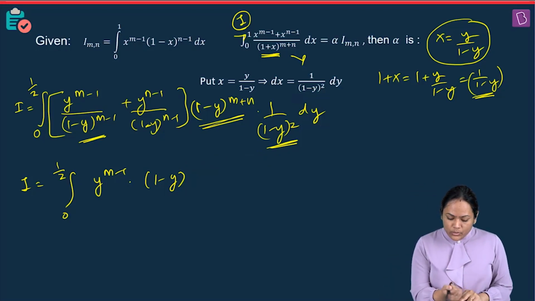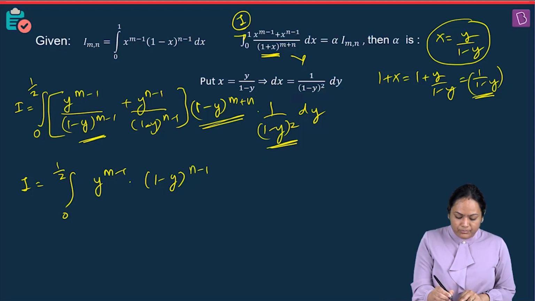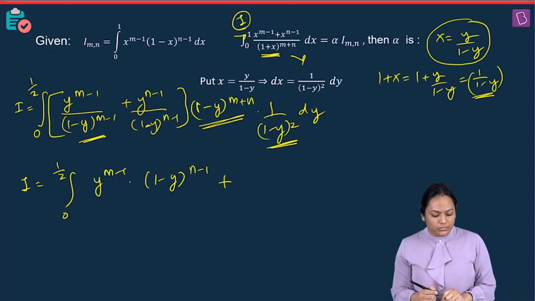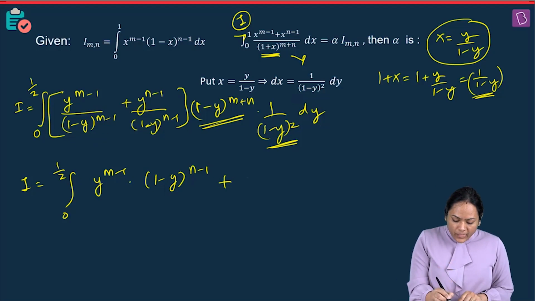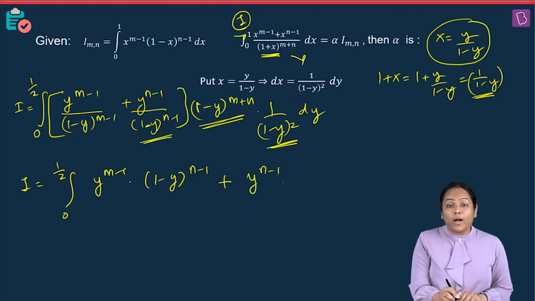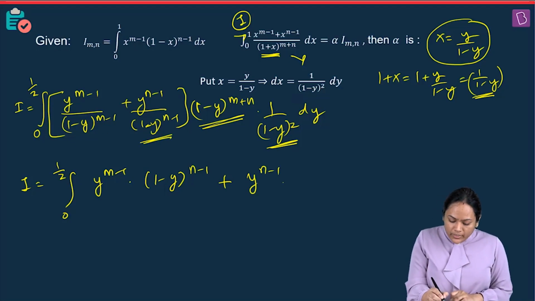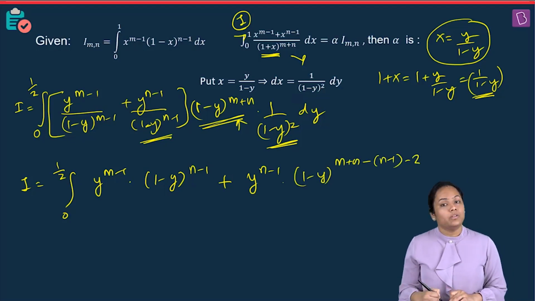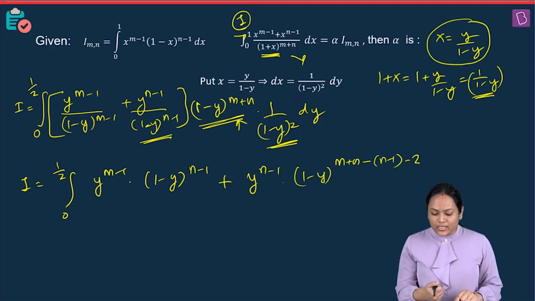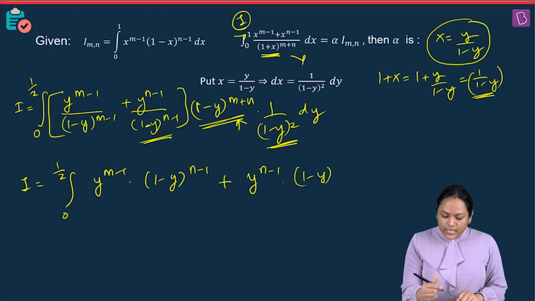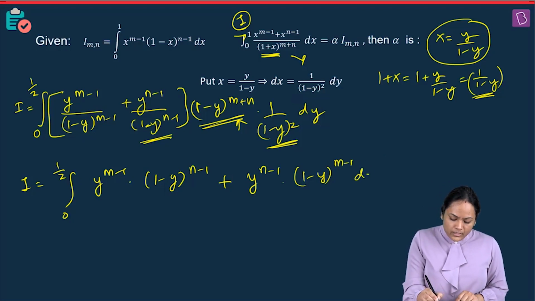Okay, so this is equal to n minus 1. Plus, I'll have one more term, which will be y raised to n minus 1. And again, I'll combine 1 minus y raised to n minus 1 in the denominator with 1 minus y raised to m plus n in the numerator. So it's m plus n minus 1 minus 2, right? And this actually comes out as nothing but m minus 1 dy.